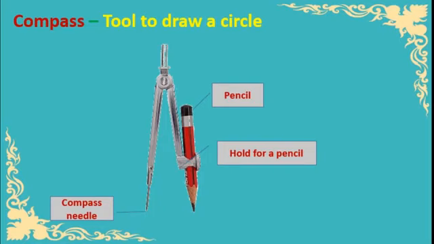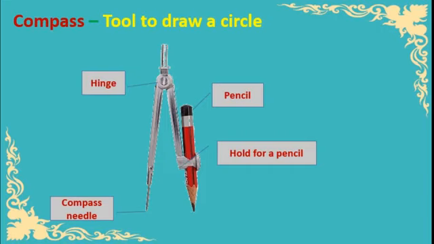The important thing is that the end point of the needle and the sharpened point of the pencil should be at an equal level. Then only we will get the circle of our measurement. This is the most important thing. What is this? This is called the hinge, which means we can adjust the length of the compass.